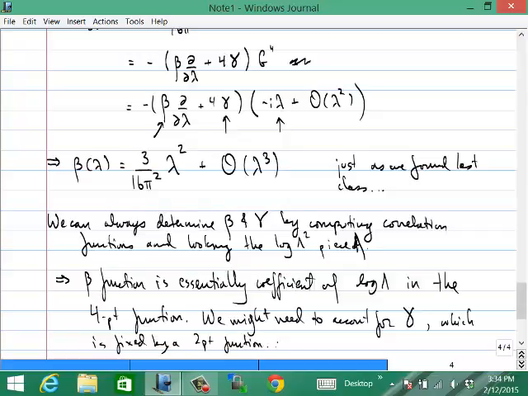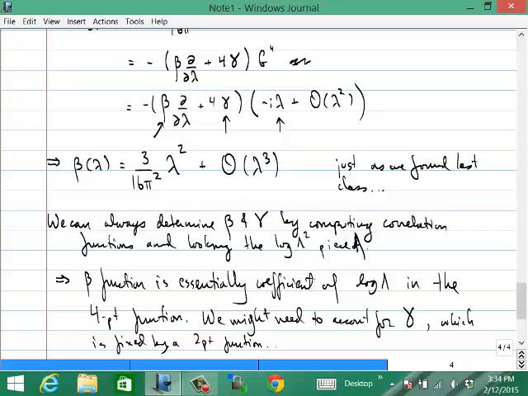So, for example, next week you're going to study the pseudoscalar Yukawa theory, and determine these anomalous dimensions and beta functions by investigating the appropriate correlation functions and demanding that they solve the Callan-Symanzik equation. Any questions before I continue?